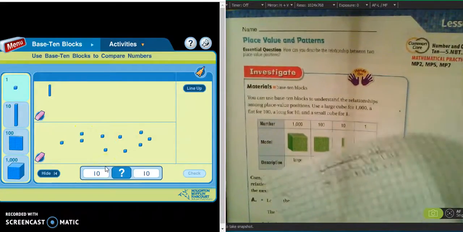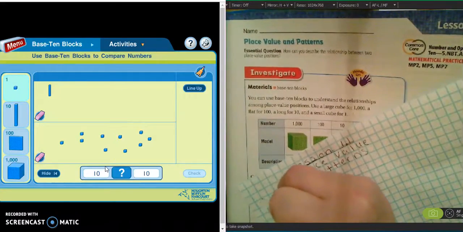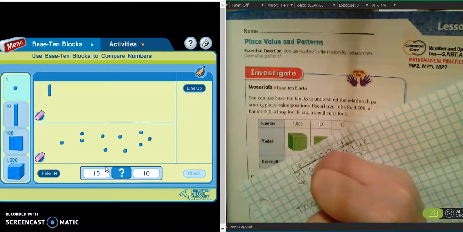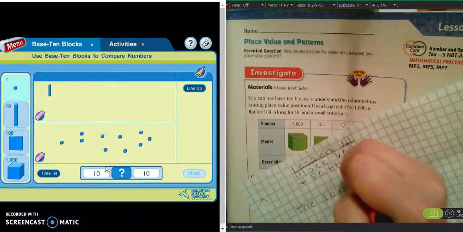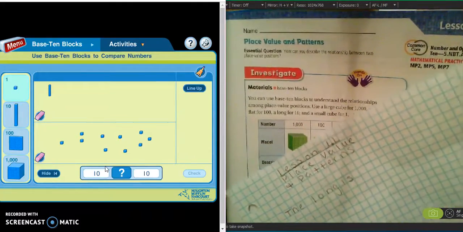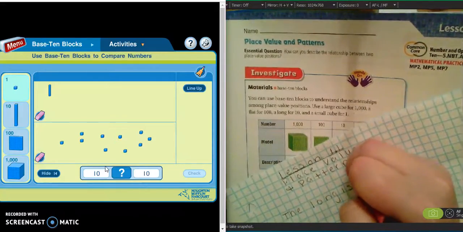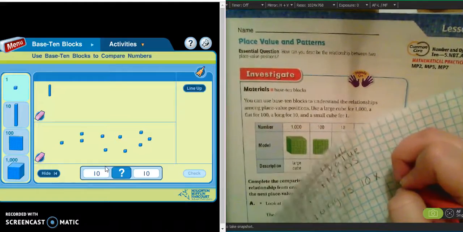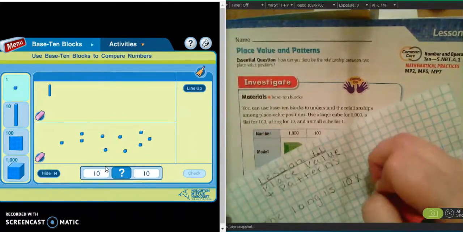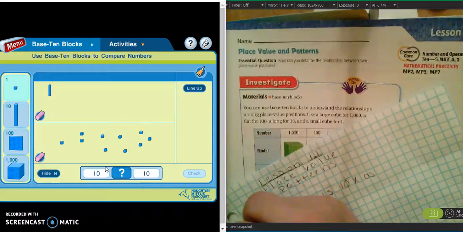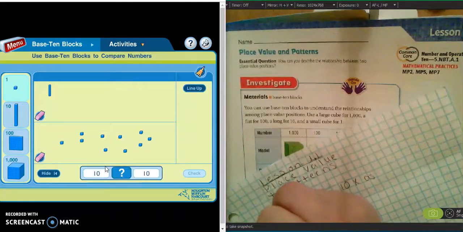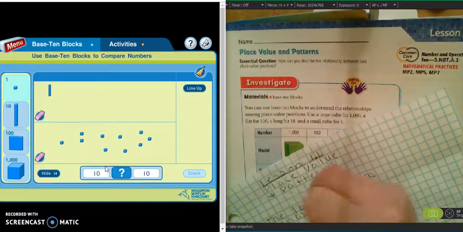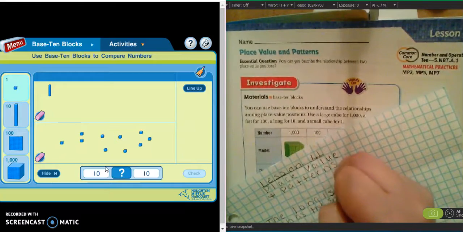So the long is 10 times as much as the small cube.